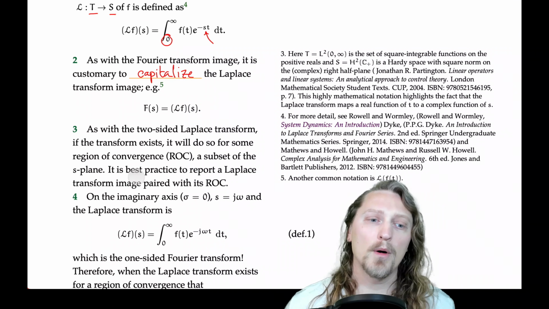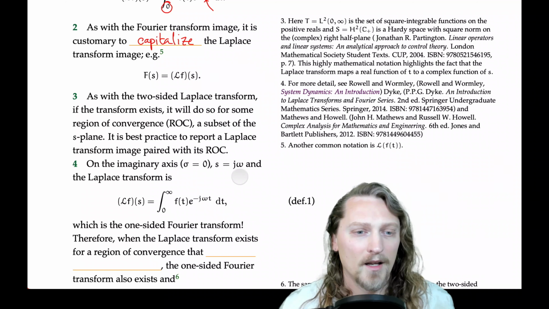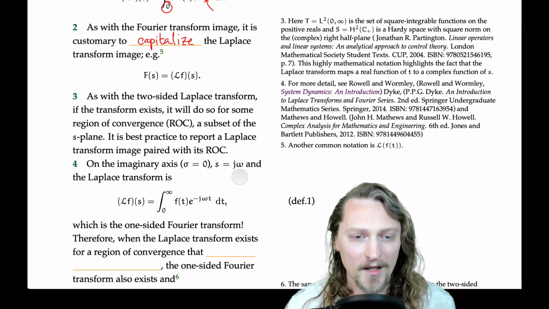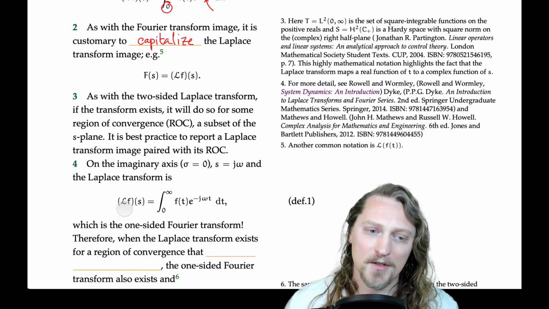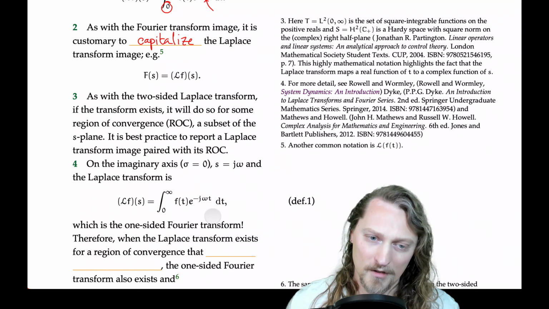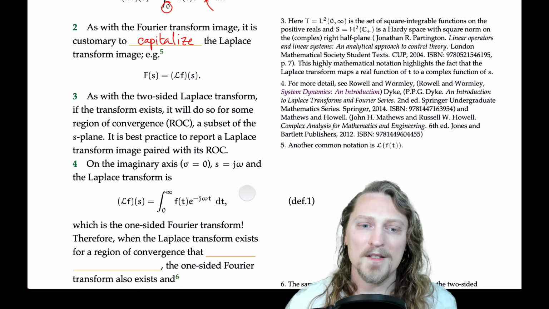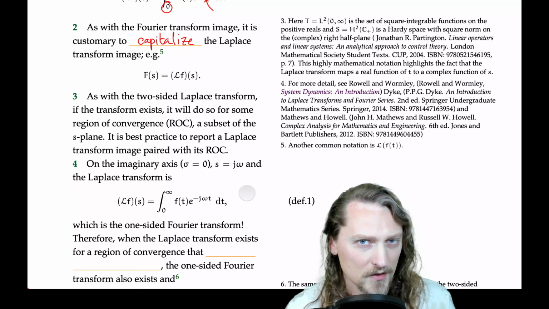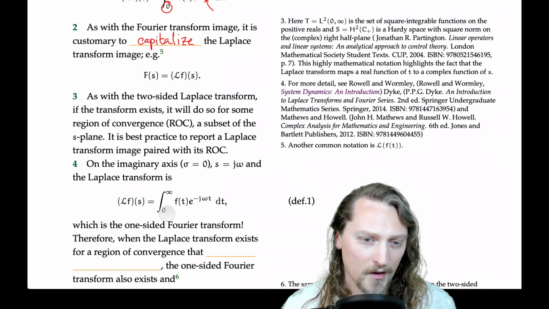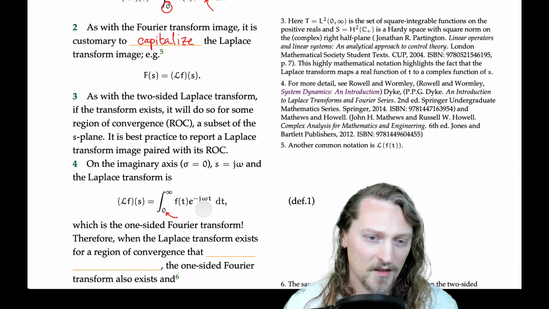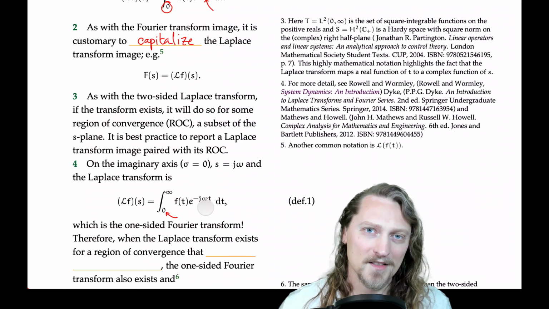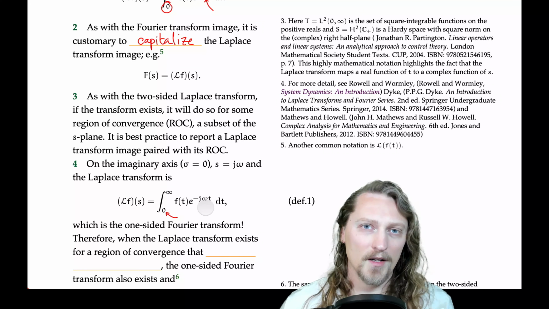On the imaginary axis, meaning in the S-plane that sigma is equal to 0 and s is just equal to j omega, the Laplace transform of f of s is equal to this, which is the one-sided Fourier transform. Looks just like our regular Fourier transform, but this bottom limit goes just from 0 to infinity instead of negative infinity to infinity.